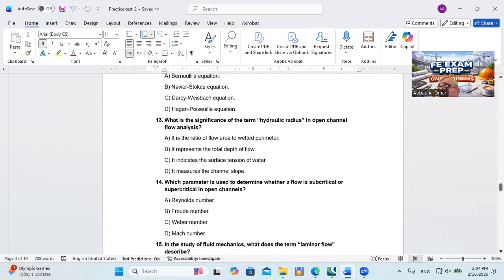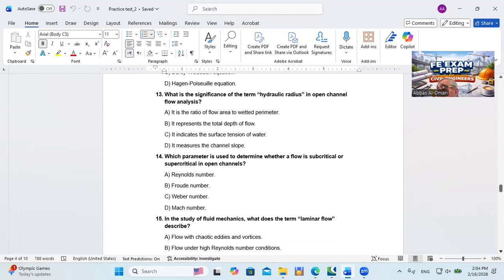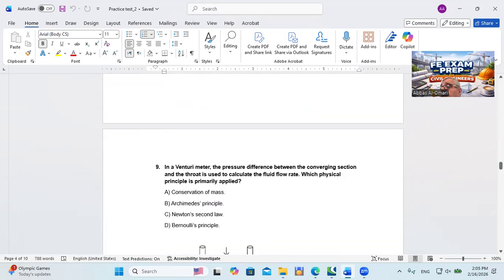Next question, which parameter is used to determine whether a flow is subcritical or supercritical in open channel? Now, open channel flow is classified as either subcritical or supercritical, and the classification is based on the Froude number, which we just saw.